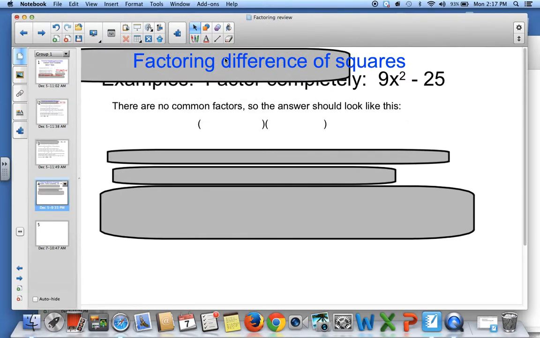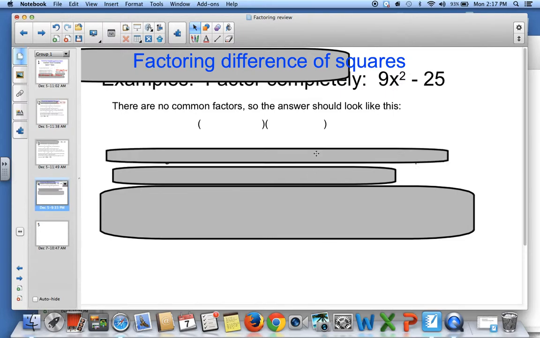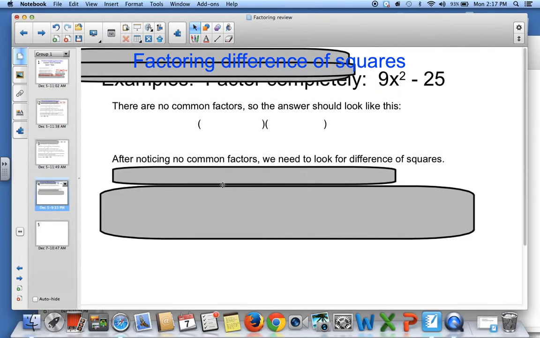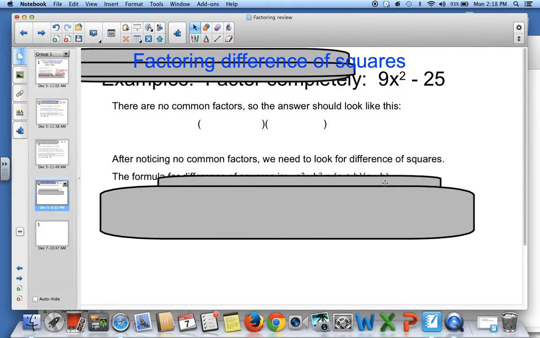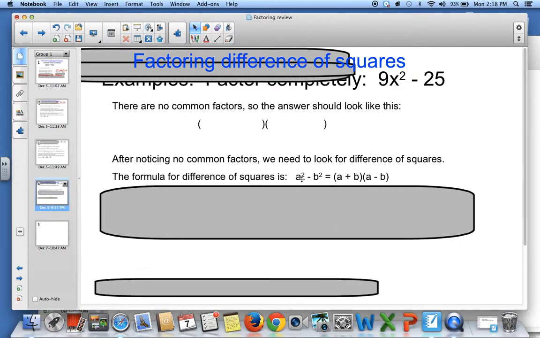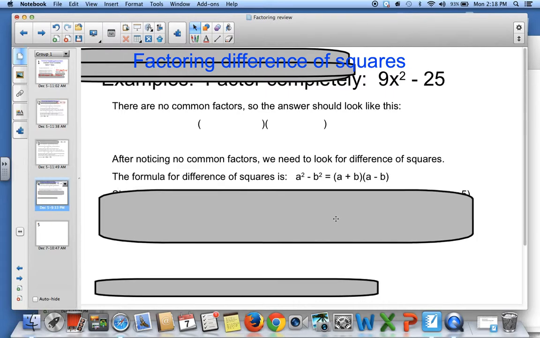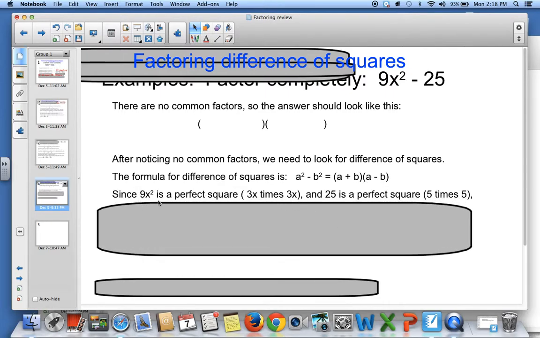So since there are no common factors, we know it's going to look like this, because it's a quadratic. But we also know that after we look for common factors, we look for difference of squares. We have difference of squares. This is the formula for difference of squares: a squared minus b squared will be a plus b times a minus b. In this problem, 9x squared, that's the first term, is 3x times 3x.